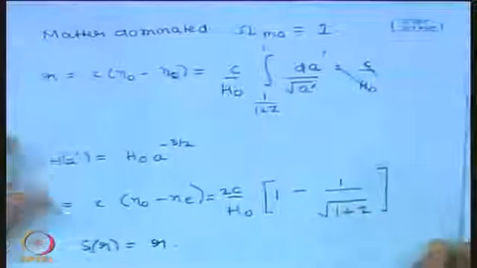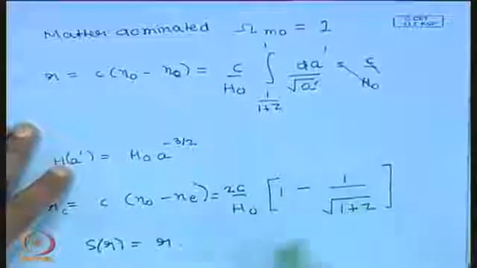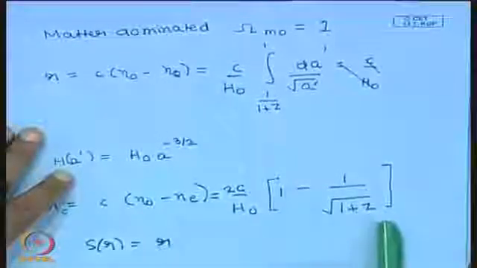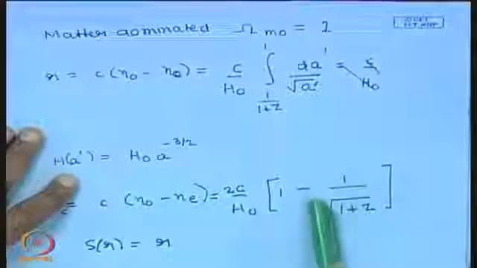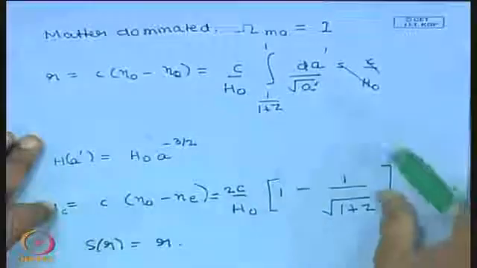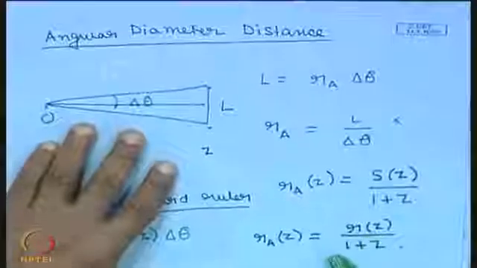Now, let us look at what happens at large z. At large values of z, this term vanishes from R, but the angular diameter distance is R by 1 plus z.